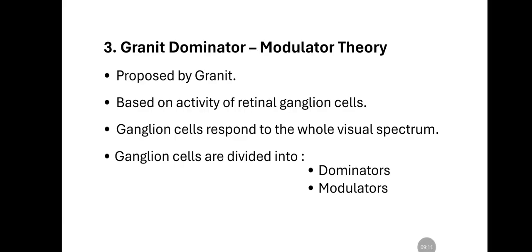Granit's dominator-modulator theory, proposed by Granit, based on the activity of retinal ganglionic cells. Ganglionic cells respond to the whole visual spectrum. Ganglionic cells are divided into dominator and modulator.